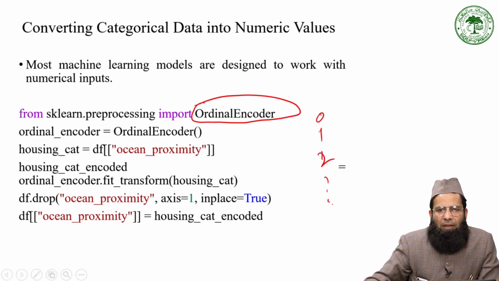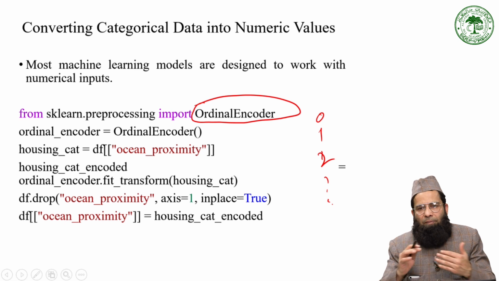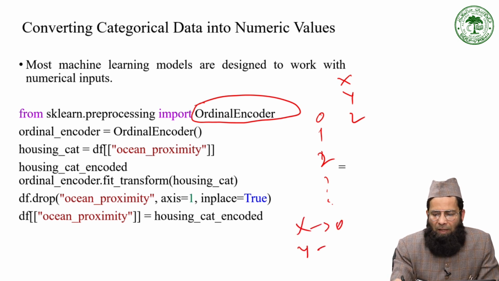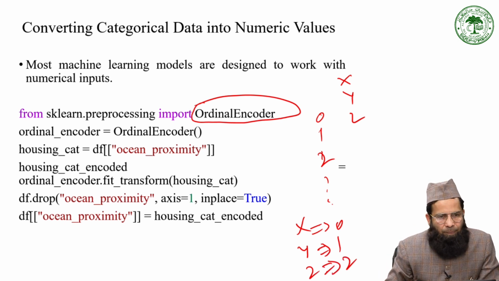So the transformation would look something like this: if you have categories X, Y, Z, then X would be assigned 0, Y would be assigned 1, and Z would be assigned 2. So in this way it would be categorized.